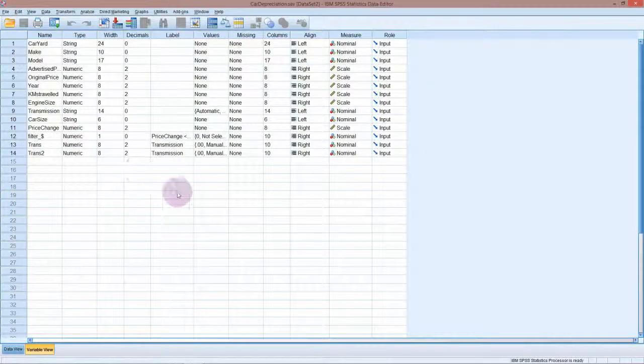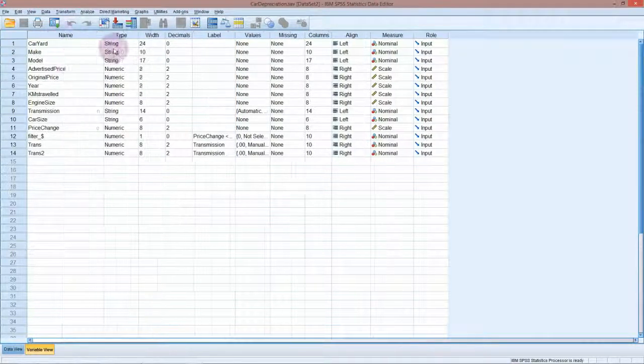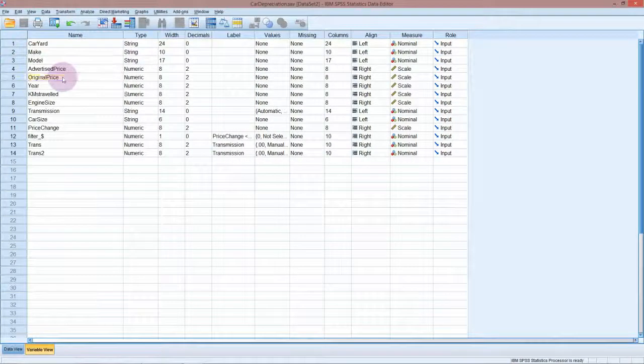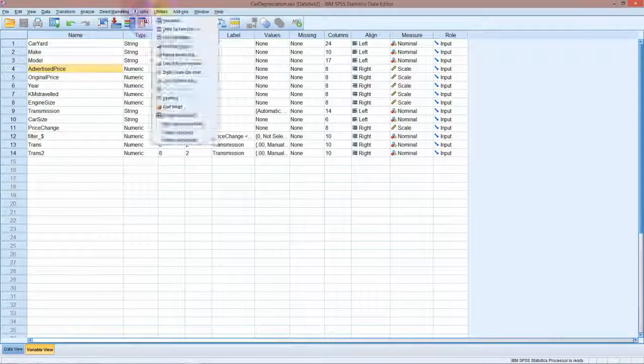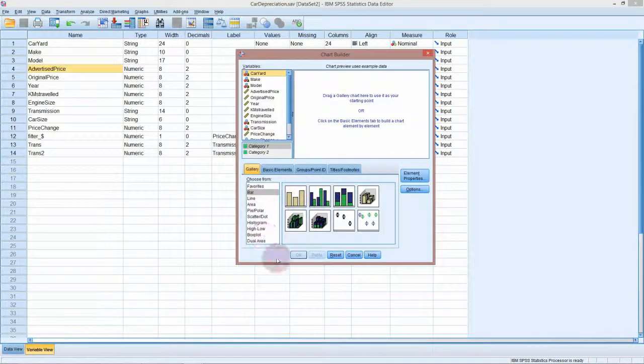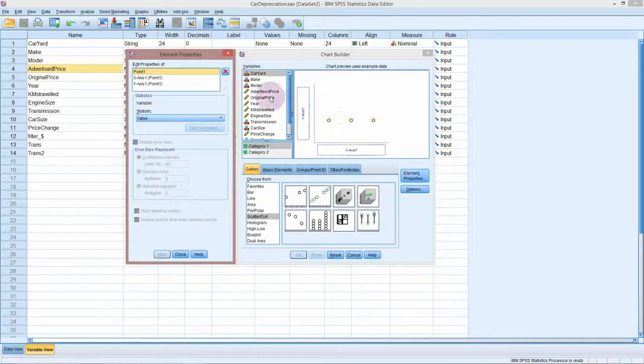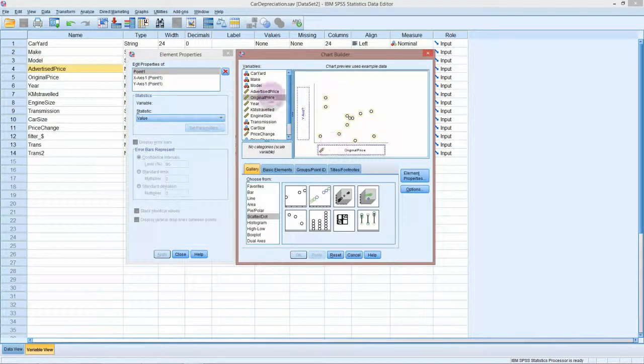So I'm going to open up the car data set, and this was looking at the original price that cars were bought for and the advertised price for resale. If I go to Graphs, Chart Builder, we can have a look at a scatter plot, and I'm interested in, does the original price predict the advertised price?